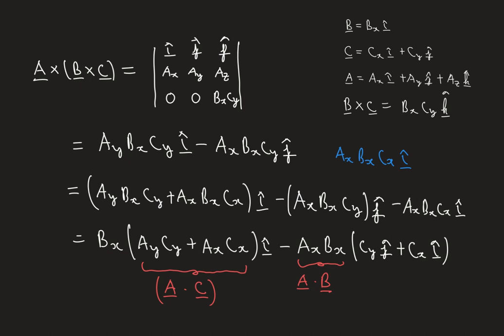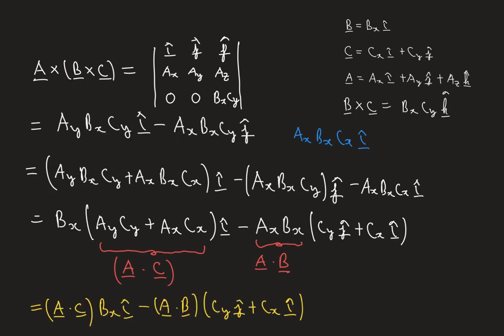Let me rewrite down the whole expression again. Now, what we need to recognize is that bx i is essentially our vector b, and similarly, cy j plus cx i is essentially our vector c over here. And so, what we ultimately get is a dotted with c times vector b minus a dotted with b times vector c.